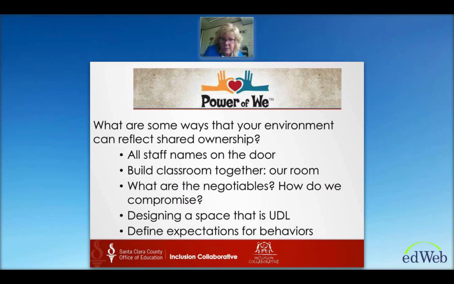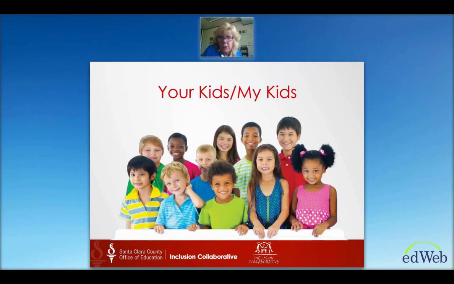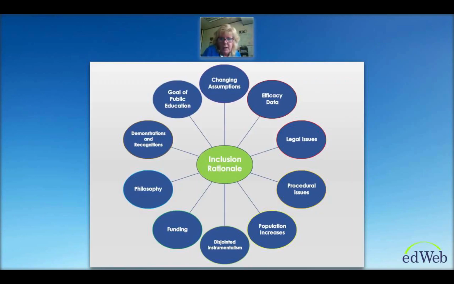Here it says define expectations for behaviors. That's typically one of the hardest things to do with co-teaching. Designing a space that is UDL, Universal Design for Learning, is really important to consider when you're doing your environment. Your kids are my kids and my kids are your kids when you're in an inclusion classroom. That's a really important concept to remember.